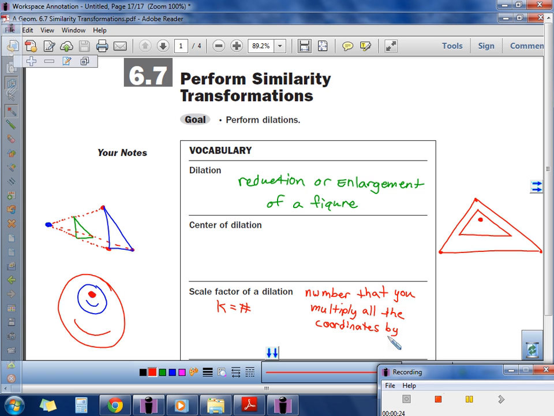So earlier I said I'm going to take these and double it. So everywhere I have that coordinate, I'm going to double it. And it's really, really easy on a graph.